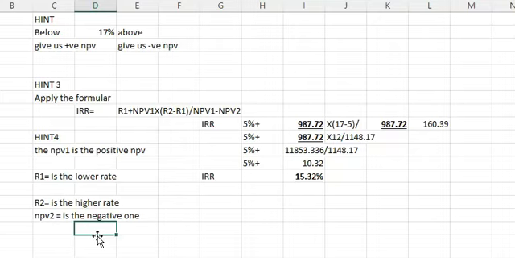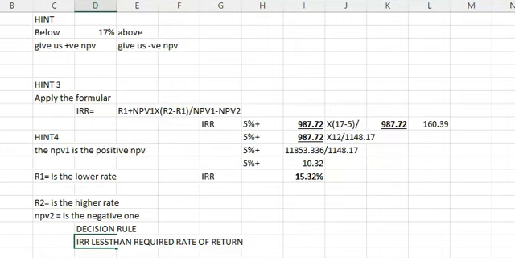Your final answer should come here in words. You say decision rule. The decision rule is that IRR which is less than required rate of return, reject the project.